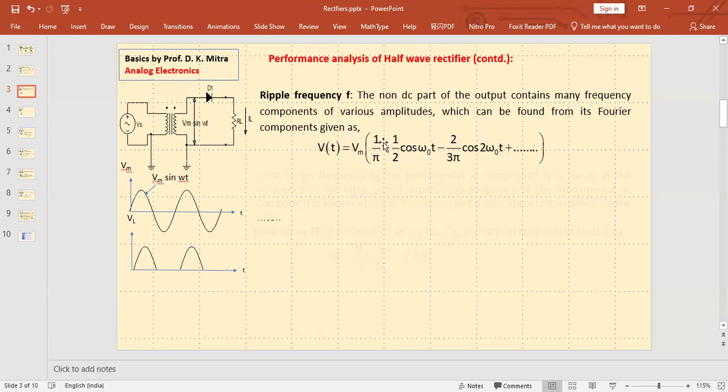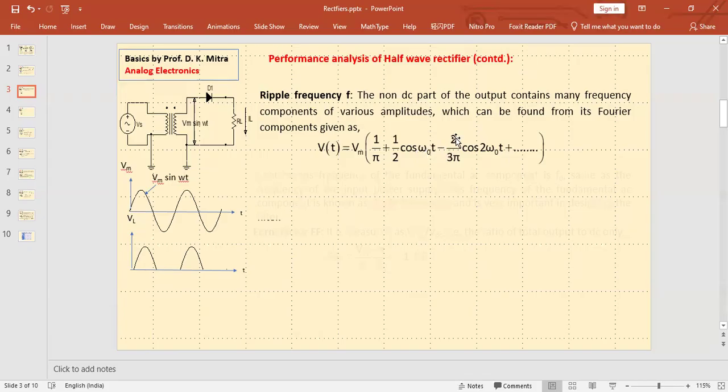Multiplied by whole, 1 by pi. So Vm by pi is Vm by 2 cos omega 0 t, where omega 0 was this Vm sin omega t, that basic frequency omega 0.